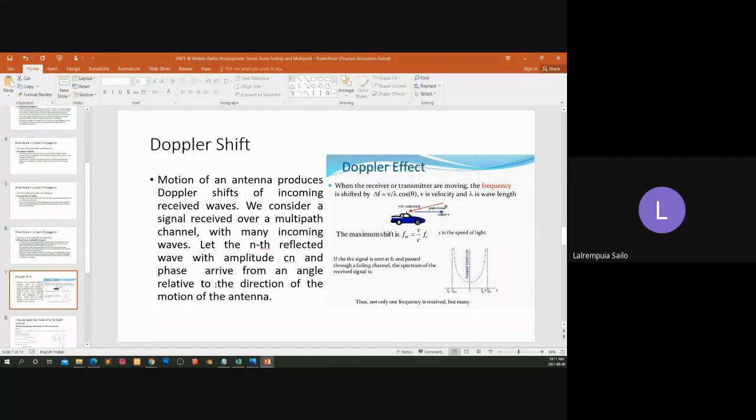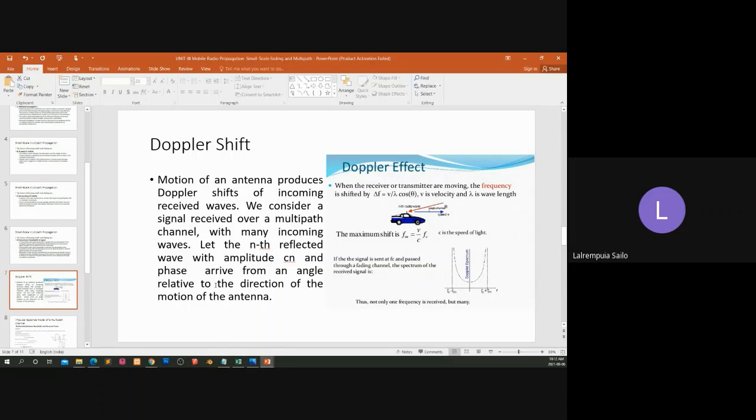There are different types of incoming waves, and these waves in the multipath channel are received by the antenna of moving devices. Let the n-th reflected wave have amplitude Cn.